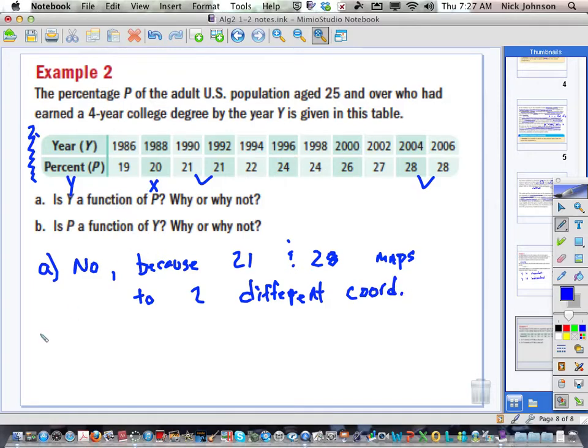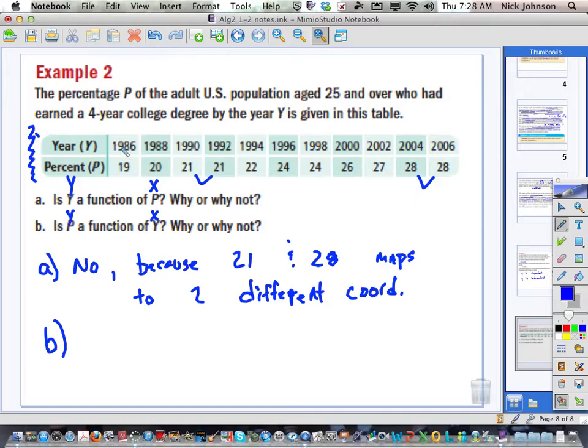Okay, so let's look at B. Is P a function of y? So now in this case, y is our x values. P is our y values. Now, y is my x coordinates.